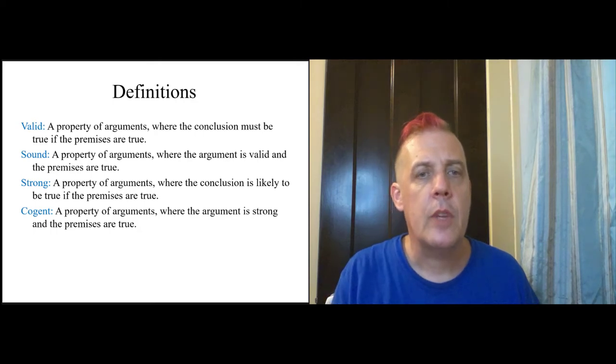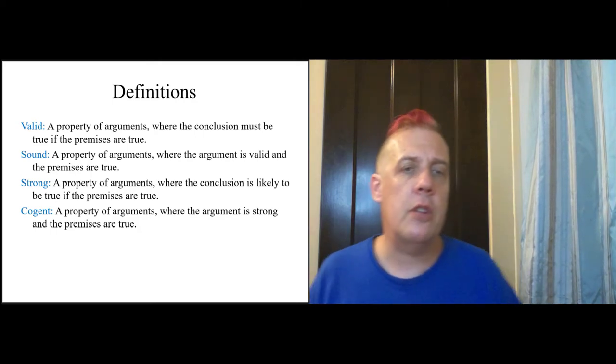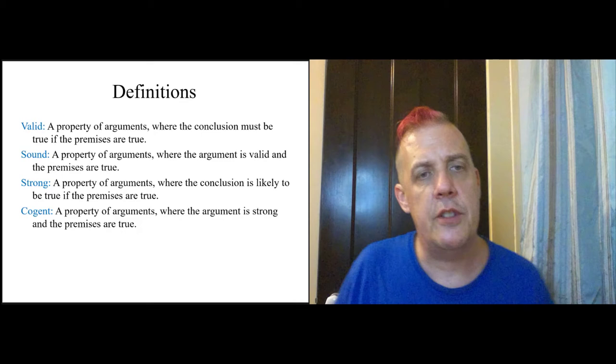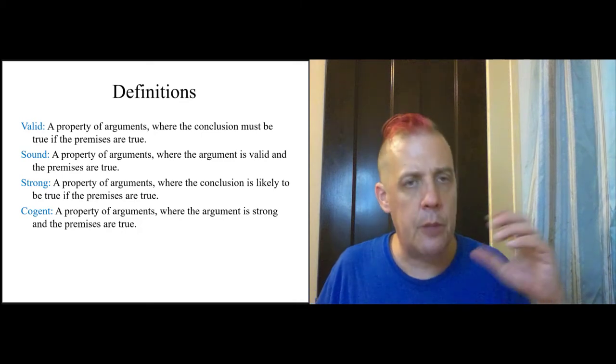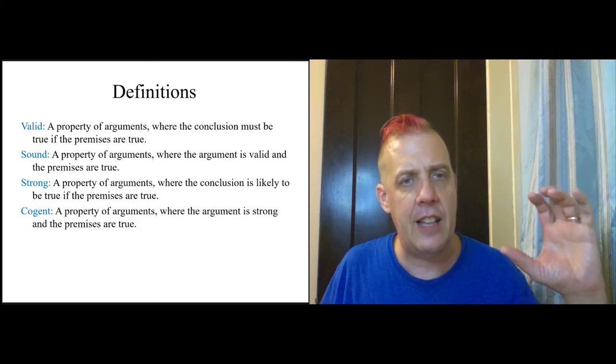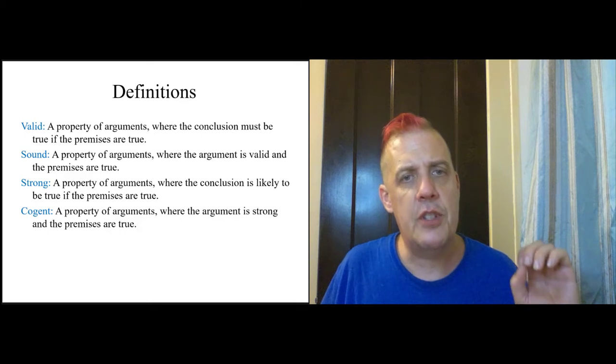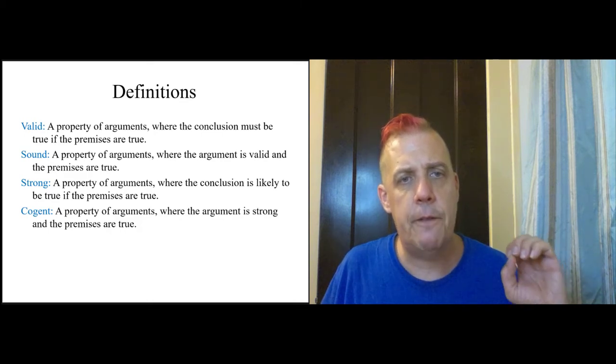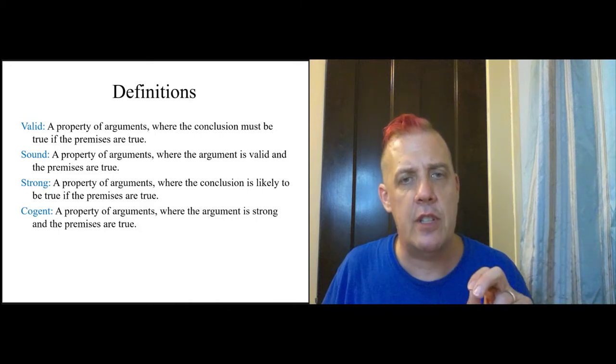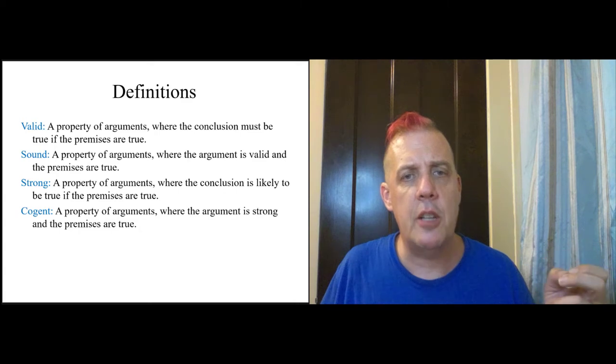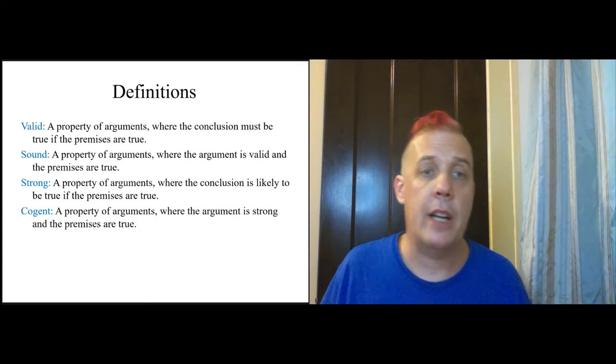Okay, so actually we've got 4 terms that we want to deal with, because when we were talking in the previous week, we talked about both valid and sound. So we said an argument was valid if the premises make the conclusion certain, and then we add to that the idea of soundness.